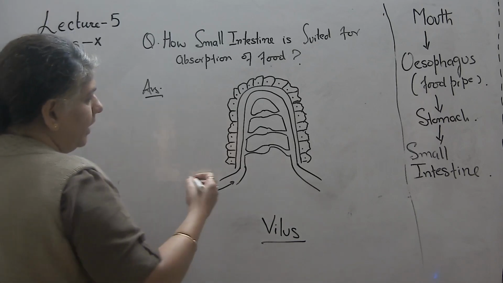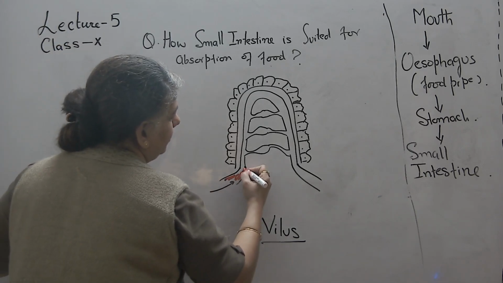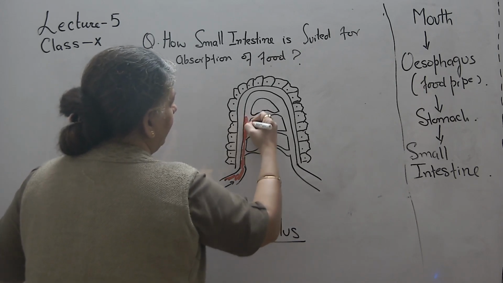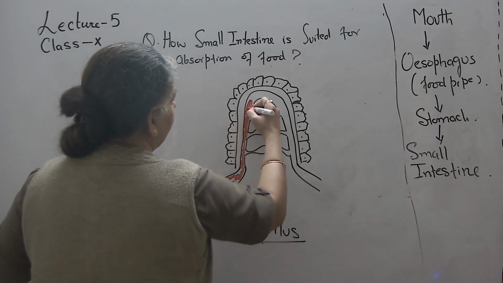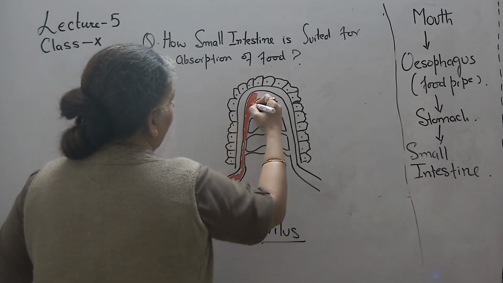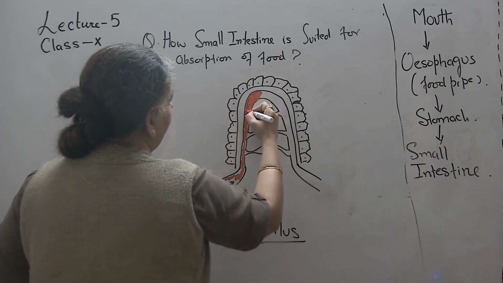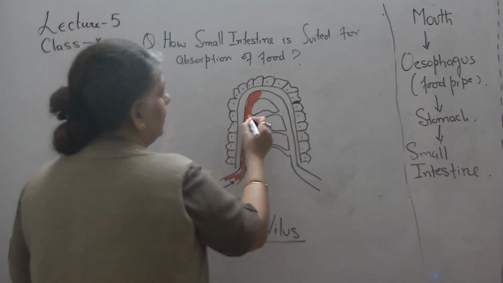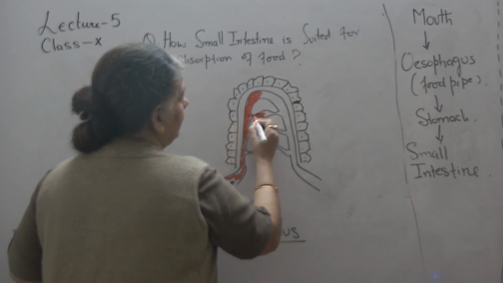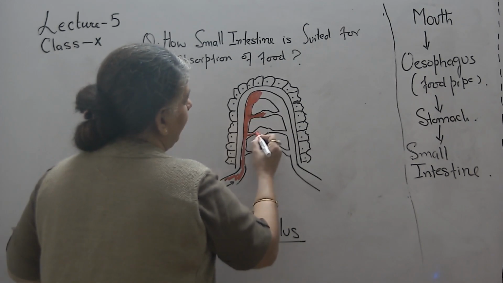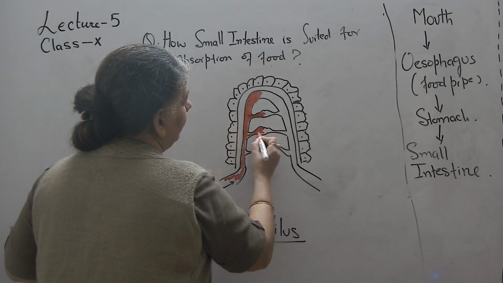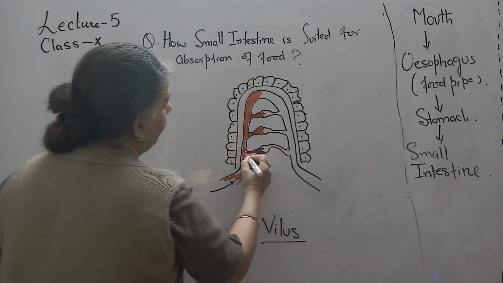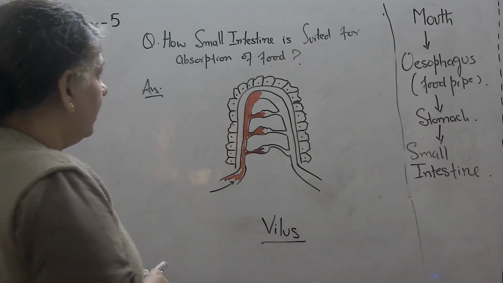See, blood enters through the artery. This red portion is the blood that is coming in. And you already know that diffusion takes place in capillaries. So here arteries are dividing and further dividing to form capillaries. It is here that diffusion is taking place.